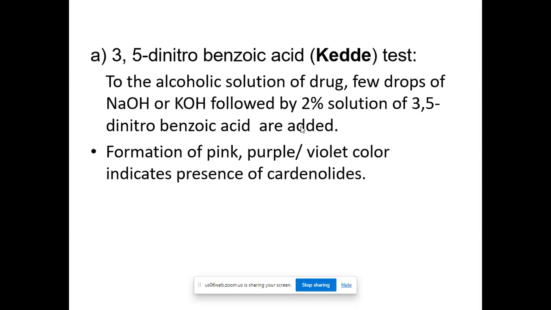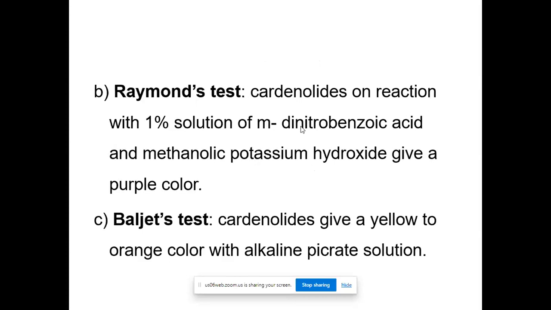And then for Raymond's test, by using the meta-dinitrobenzene reagent, it will give a purple or violet color. For Baljet, the cardenolide will give a yellow to orange color with the alkaline picric solution.